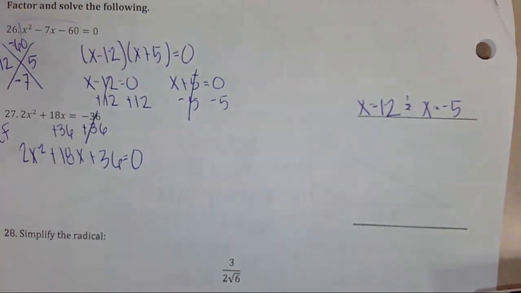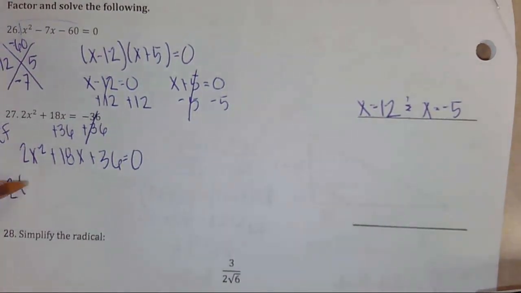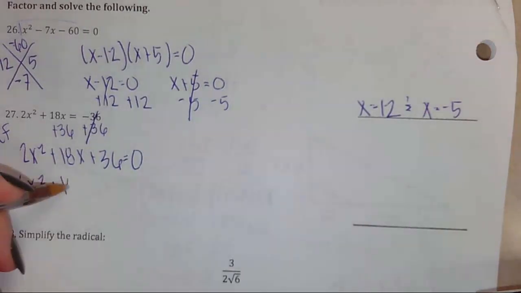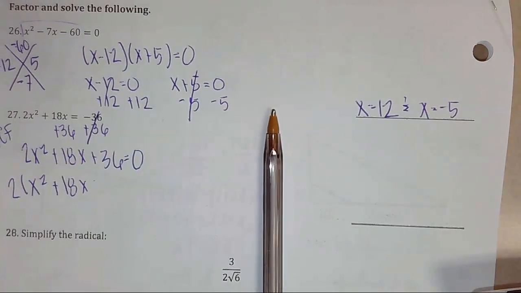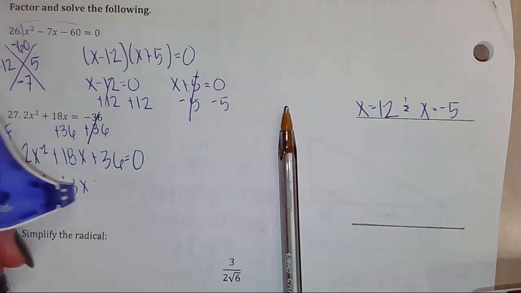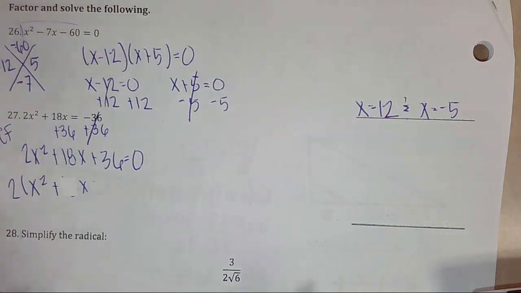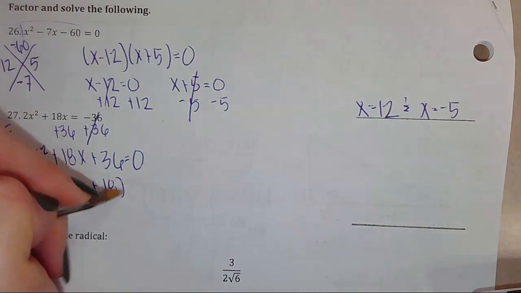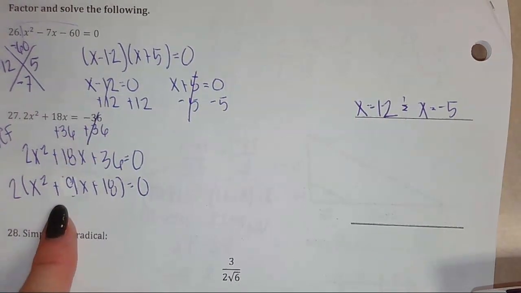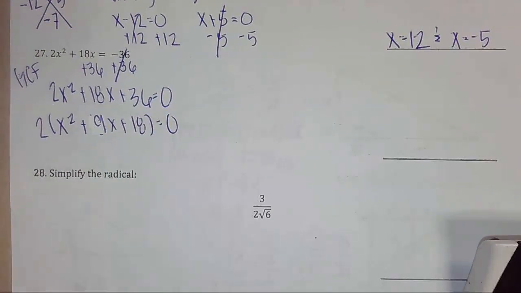So I'm going to divide that out and get x squared plus, not 18x, 9x plus 18 equals 0. Now I can do my x factor.